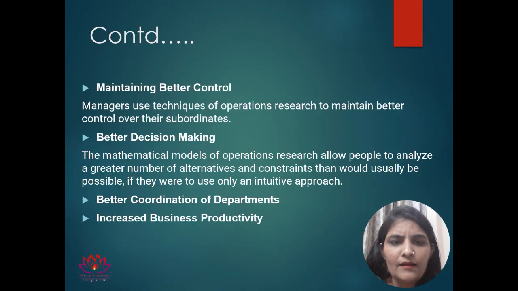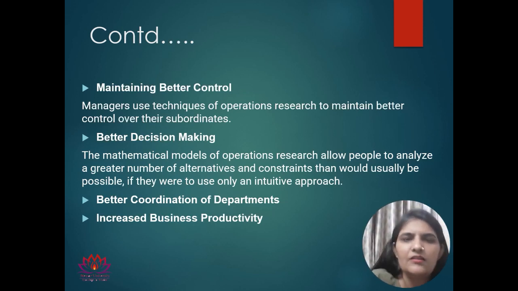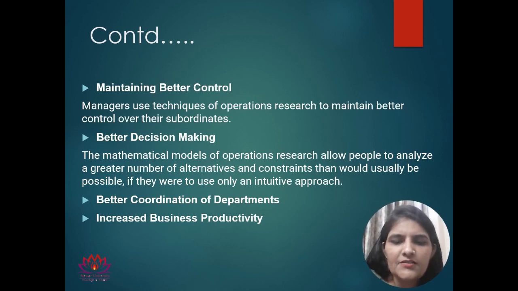So now it will be continued as to maintain better control. How to maintain better control? Managers use techniques of operations research to maintain better control over their subordinates. How can they control their subordinates? So that they can work in a team, so that the environment of the organization will be very good.